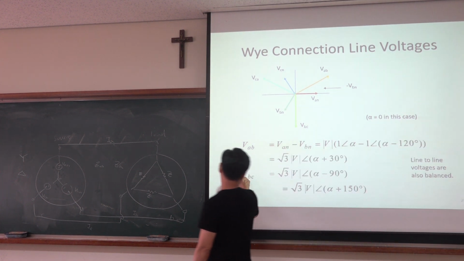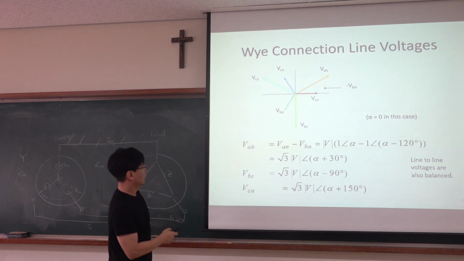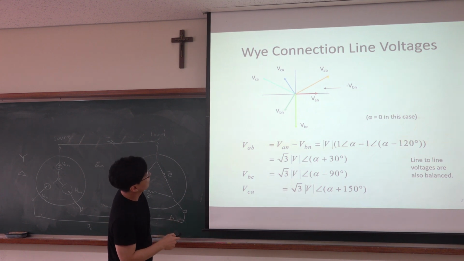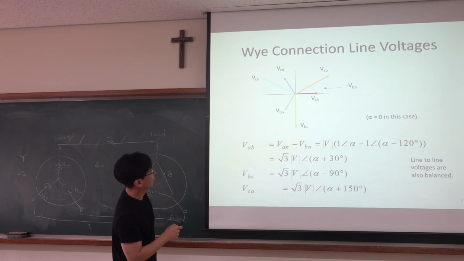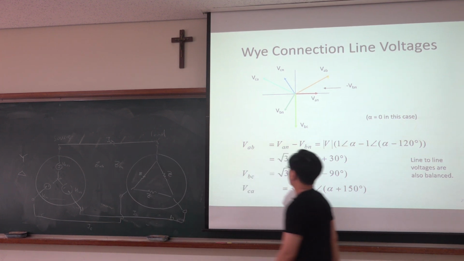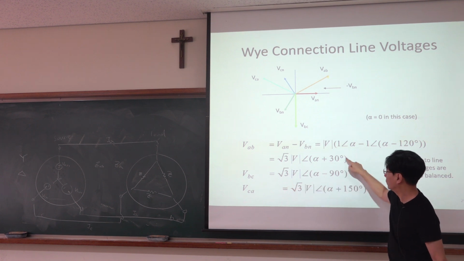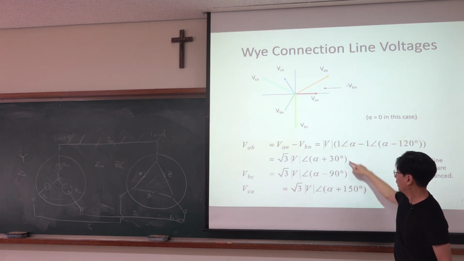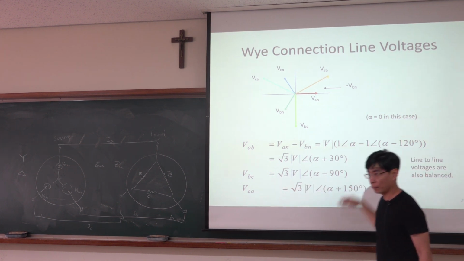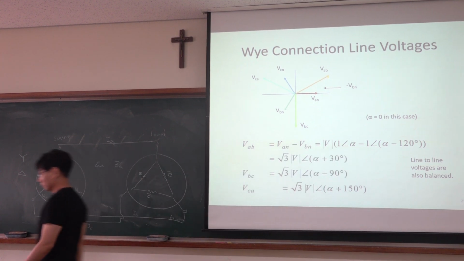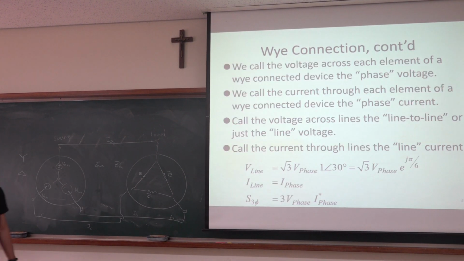Similarly, VBC and VCA, here. So AB, BC, CA, minus 120 and plus 120 degrees. Y connection continued.